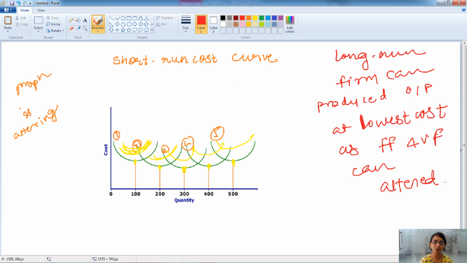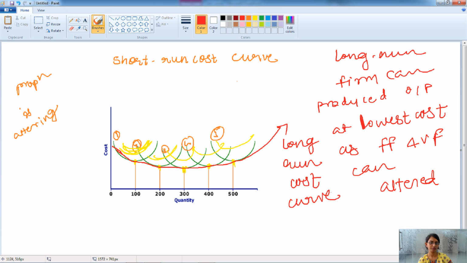As we have the facility to alter the fixed and the variable factor both, we can produce our goods at the cheapest cost, and the curve will be like this way. It is at this point only. So this curve is known as the long run cost curve. This curve is our short run average cost curve, whereas this is known as the long run cost curve.